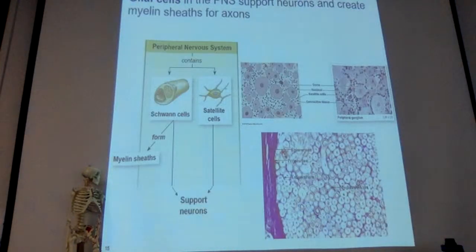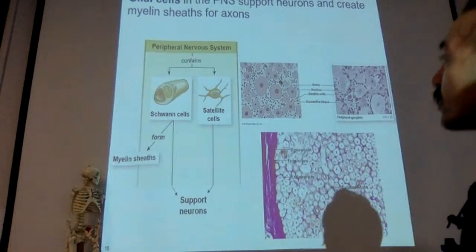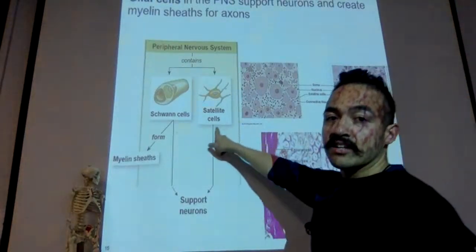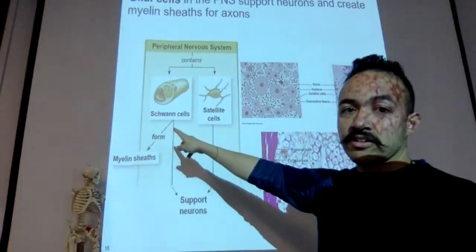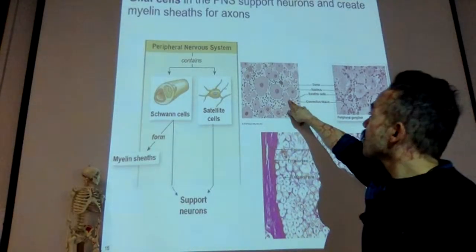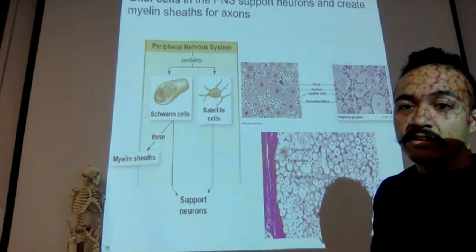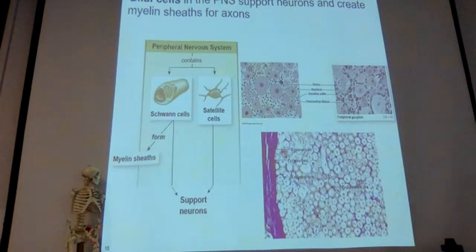If we're in the peripheral nervous system, we have two choices: satellite cells and Schwann cells. Satellite cells are the ones immediately surrounding the cell bodies. We saw this in the dorsal root ganglia.